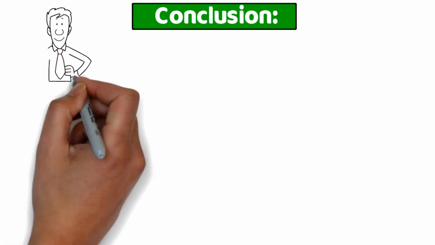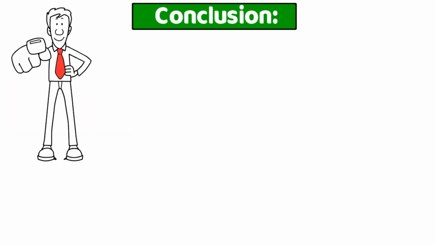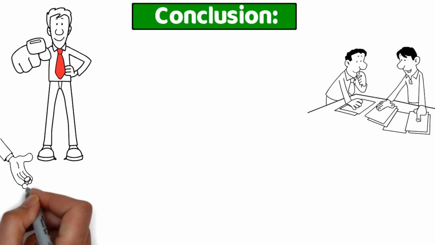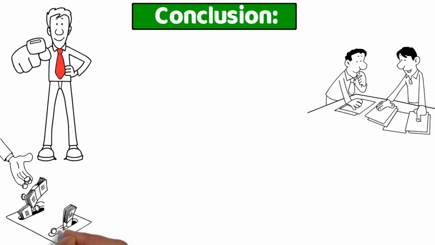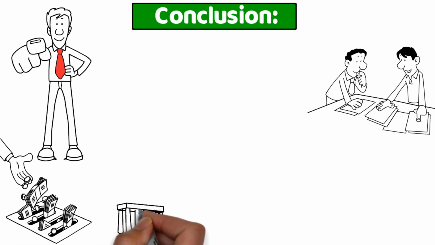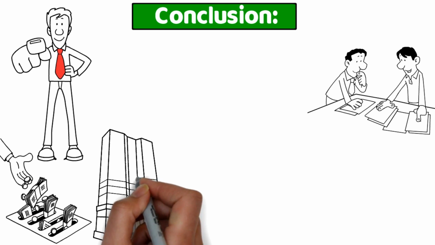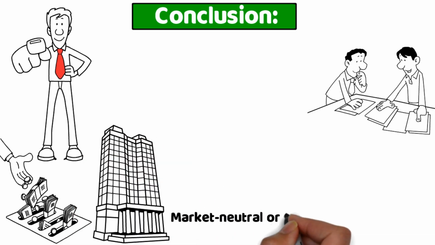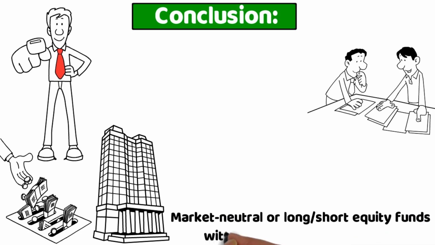Conclusion: given their differences, which of the two types of funds is preferable for you? It varies. Each can meet particular demands. Mutual funds are frequently a smart choice for investing in specialized markets, such as stocks of smaller overseas companies, and complicated but potentially lucrative sectors like market-neutral or long-short equity funds with arcane risk-reward ratios.